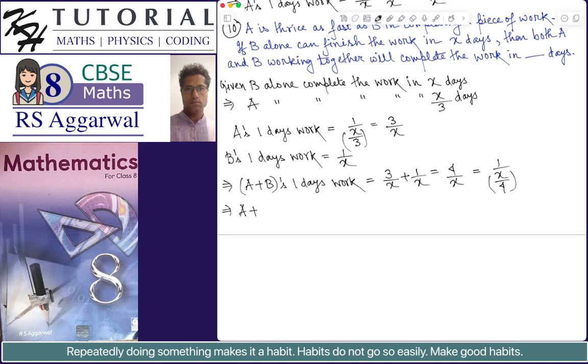So now we can say A plus B will complete the work in x by 4 days, using the second rule, where it says that if the amount of work done in one day is 1 by capital N, then the total work will be done in n number of days. So the answer is x by 4 days.